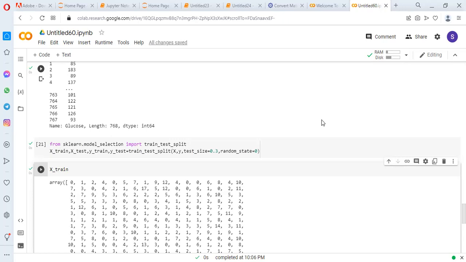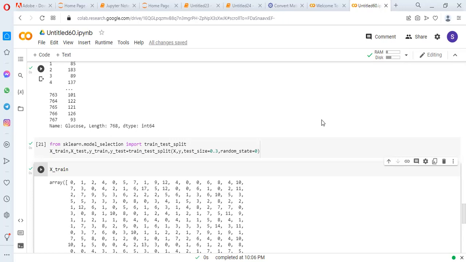From there we import train_test_split and then split the data into two sets. One is for building the model, another is for evaluating the model.